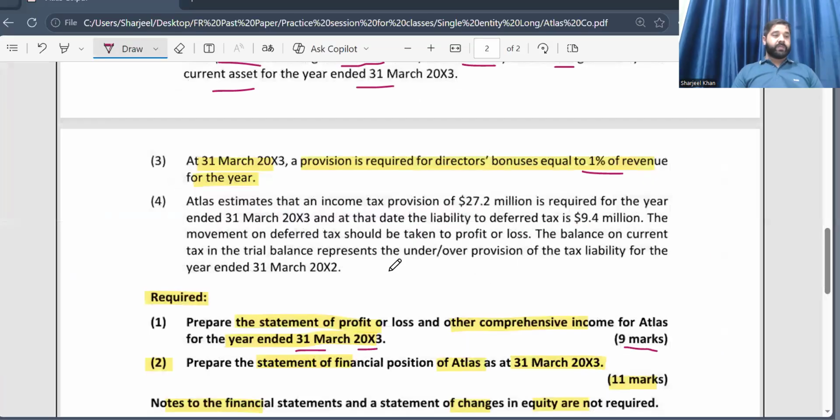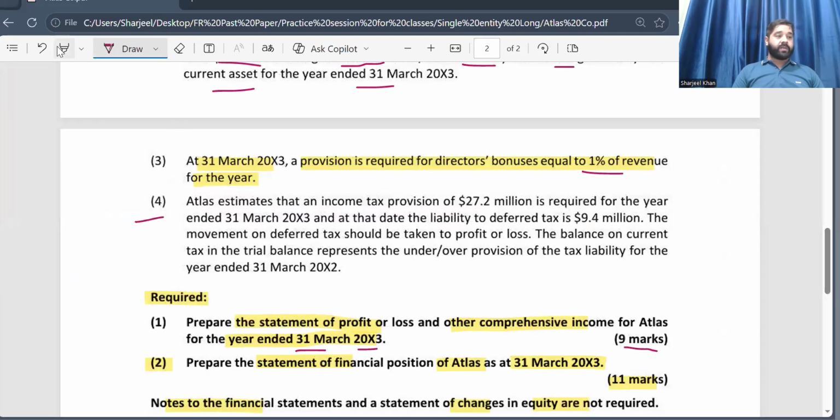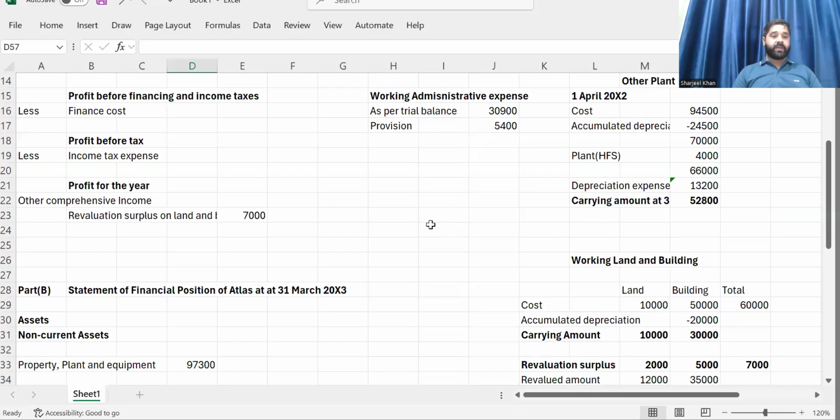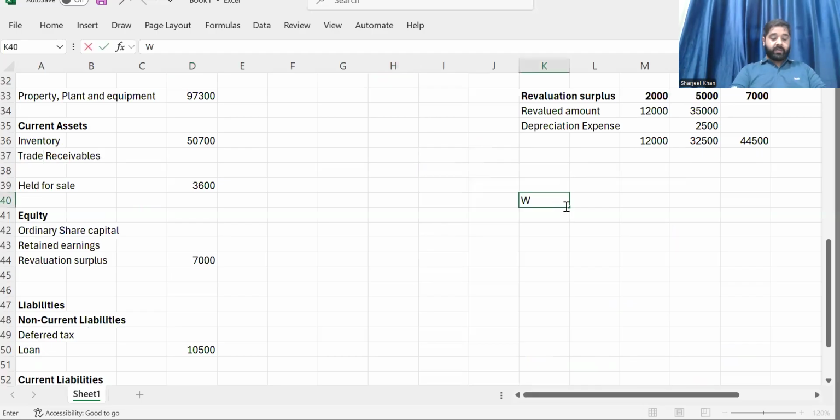Here, the last note. Atlas estimated the income tax provision of 27.2 million is required for the year ended 31st March 2023. So let's make another working, or let me make it right here at the end. So working, income tax.